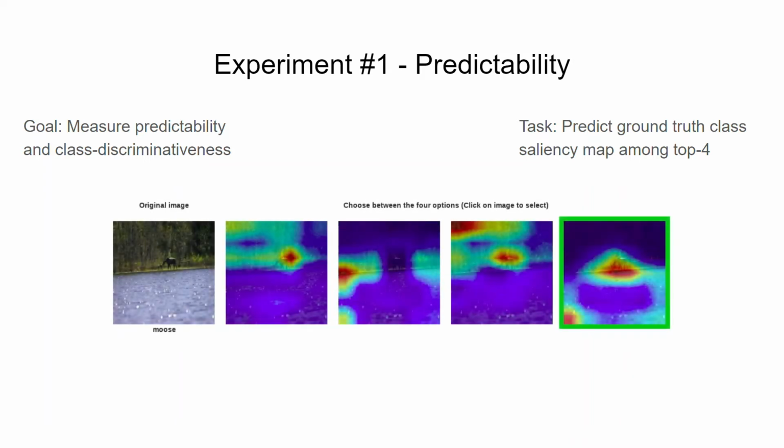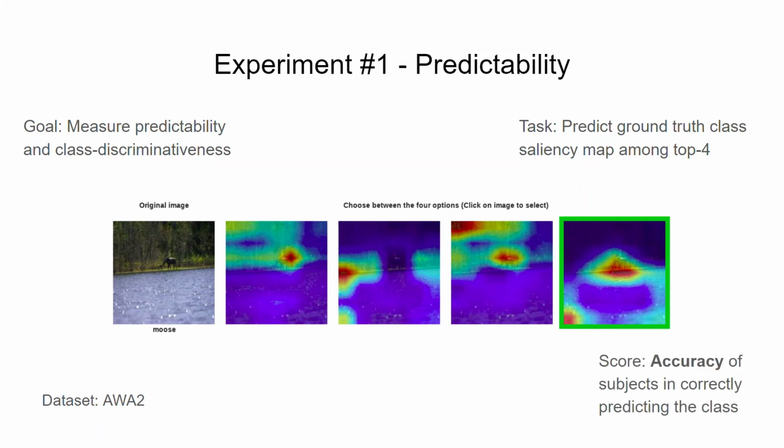A demonstration of the survey application is shown. We use the AWA2 dataset for this experiment, and we measure the accuracy of the subject in correctly predicting the class as the score. Ideally, the saliency map of the ground truth class would either demarcate the object of interest in the image from the background or highlight obvious discriminating regions.